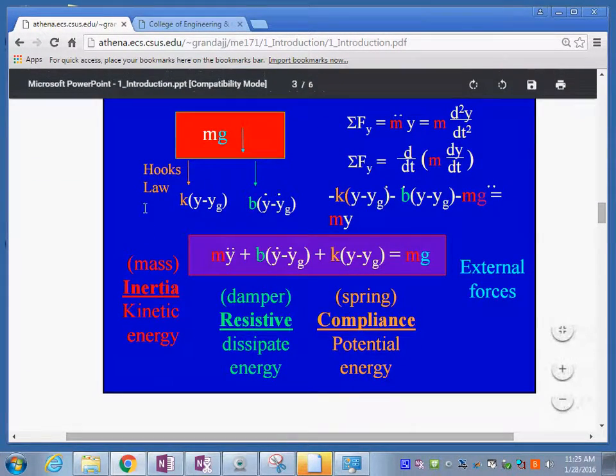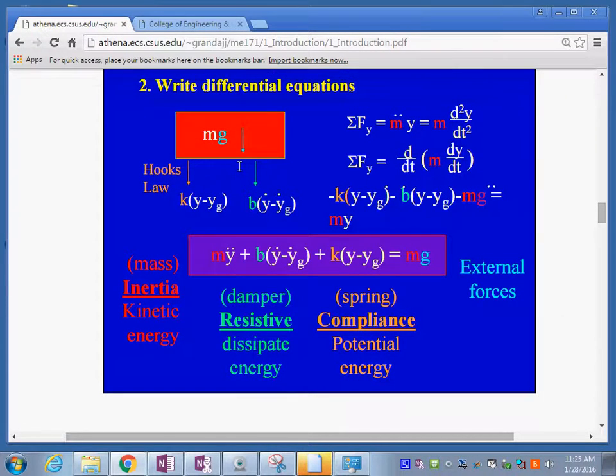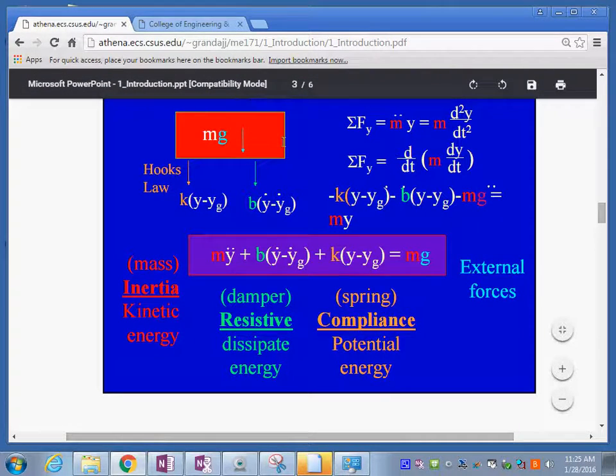We do that by going to the mass and doing a free body diagram on the system in such a way that we write all the forces in there, and then we apply the very basic principle, using Newton's law, that says that the summation of the forces acting on a particle is equal to the rate of change of momentum.